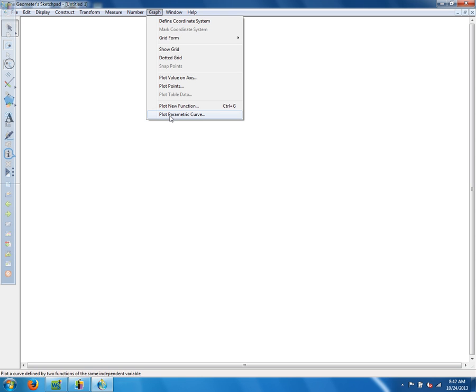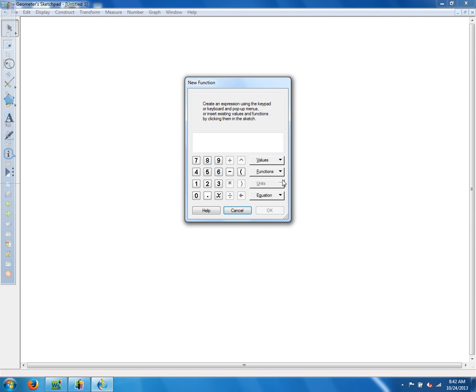So we're going to graph the function r equals f of theta, so we're going to graph r equals e to the theta.